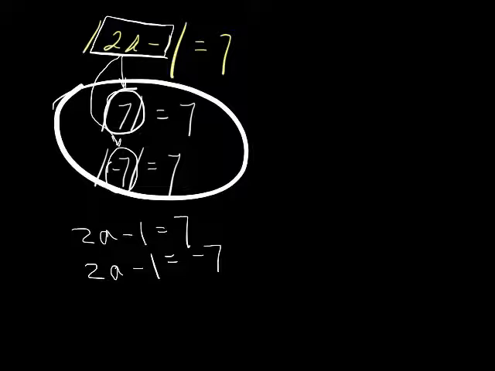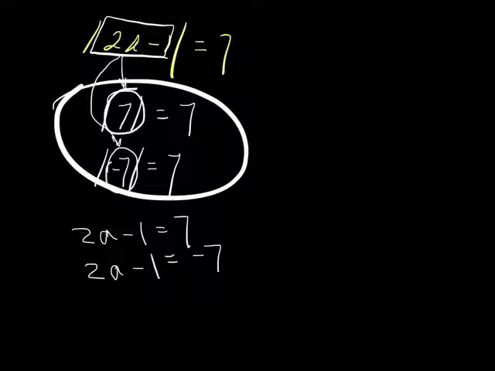That's not here. Okay, we're not looking at the right-hand side. We're looking at what are possible answers for inside this absolute value sign. So 2a minus 1, if it's negative 7 and we take the absolute value, it gives us 7. If 2a minus 1 equals 7, the absolute value is going to give us 7. So what we end up having to do, Maddie, is solve for this, and then solve for this.